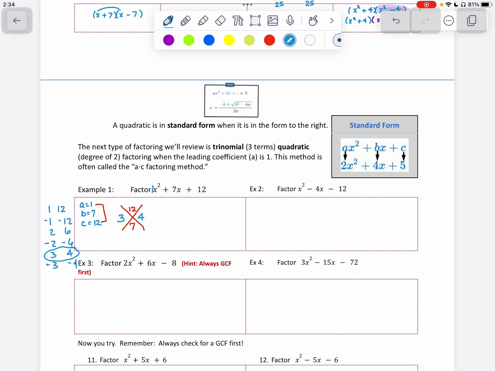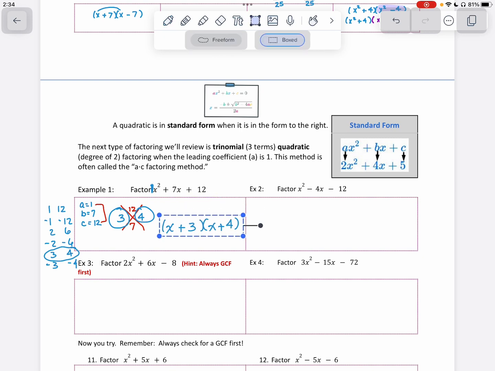Because the leading coefficient is 1, we can go straight to the factors from these two numbers. It's not going to work if the leading coefficient is anything other than 1. I call this pair my magic pair. And we can factor it to be x plus 3 times x plus 4. That's how you factor when the leading coefficient is 1. So that's your factored form.